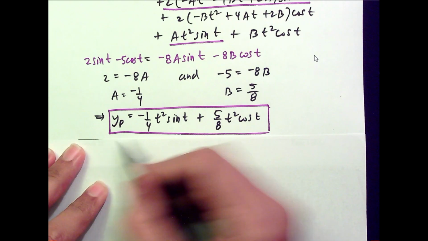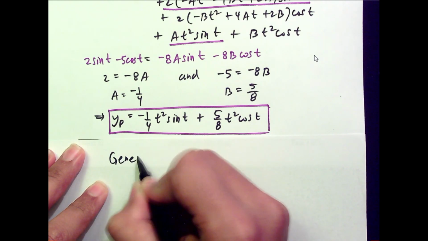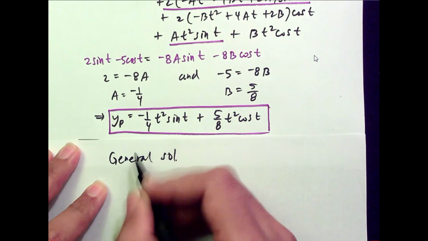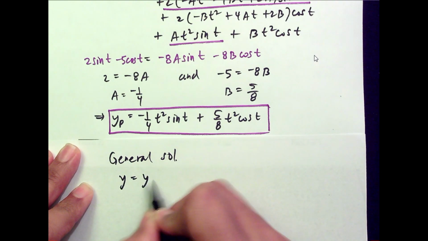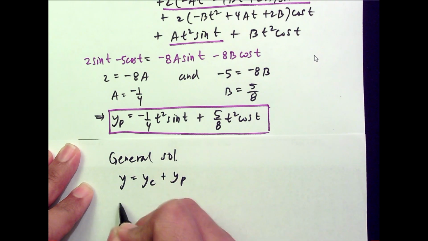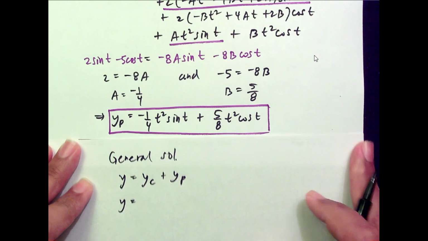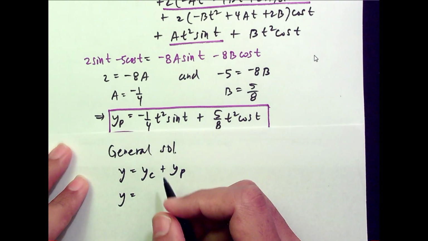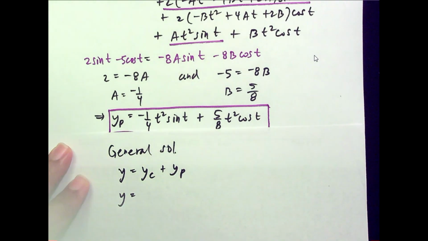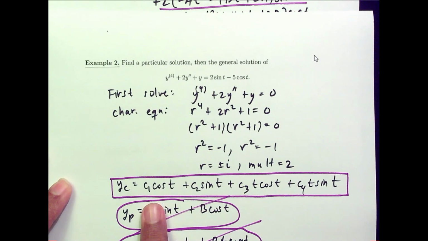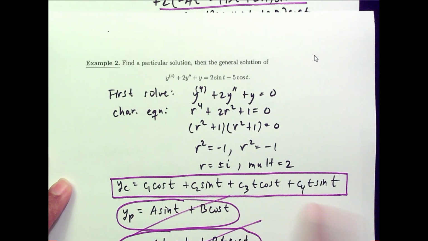So the general solution is the complementary solution plus the particular solution. I have the complementary solution right here. We did that one.